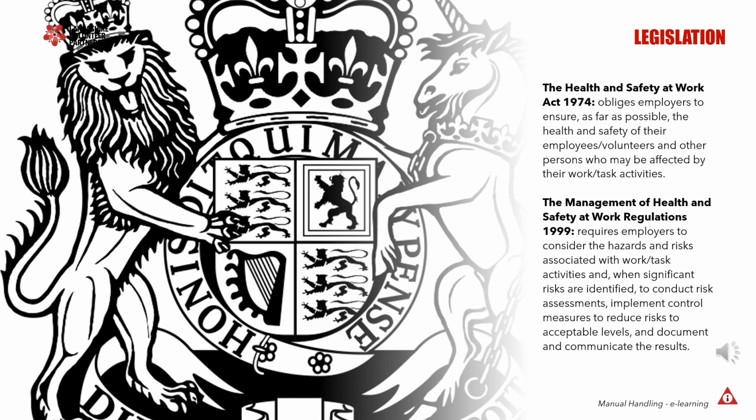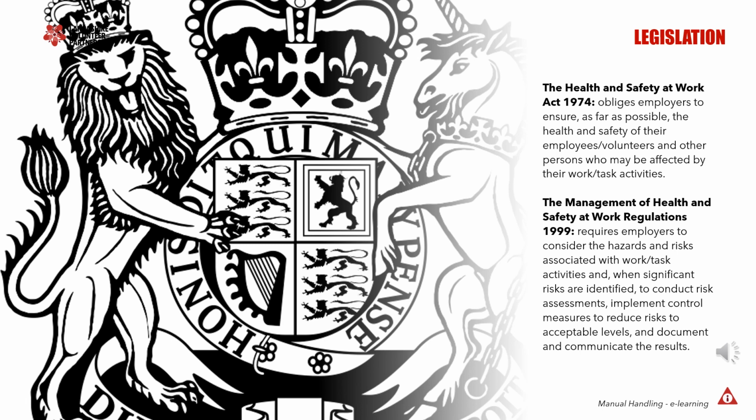Legislation. The Health and Safety at Work Act 1974 obliges employers to ensure as far as possible the health and safety of their employees, volunteers, and other persons who may be affected by their work task activities.